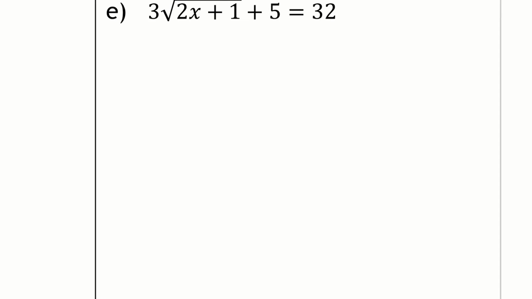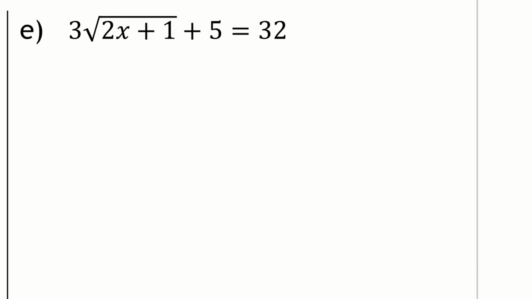Let's go to E. E is a lot like the one right above it. The difference with E is that, yeah, I could think about looking inside, but the problem is I don't know exactly what that has to be. So I want to get to a point where I have that square root part of the equation by itself, and I can more easily identify exactly what the 2x plus 1 has to be by looking inside.